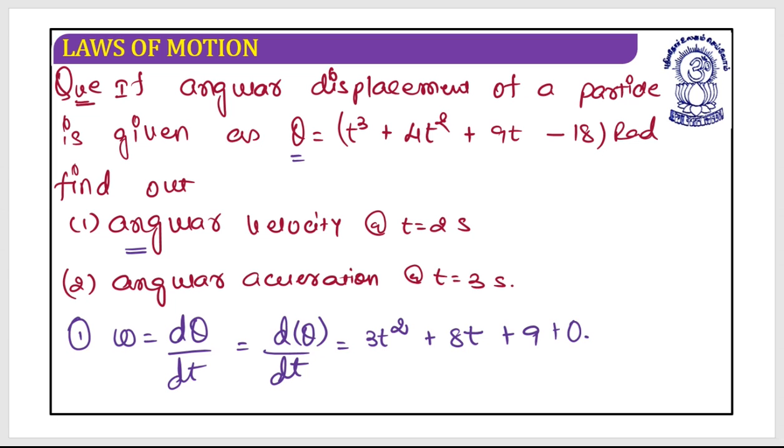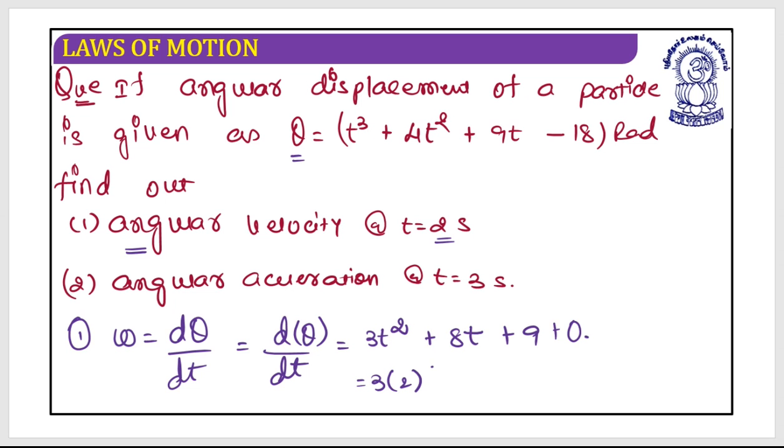So this is omega related with time. Now I want omega at t is equal to 2 seconds. This is instantaneous angular velocity. In the third unit, motion in a straight line, we used to calculate instantaneous velocity, but in the true sense it is instantaneous linear velocity.